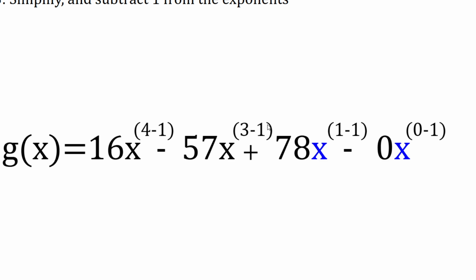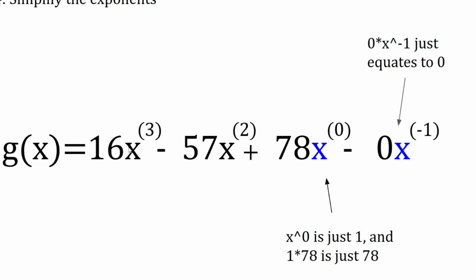So you would subtract from each of these exponents and you will get 16x to the power of 3 minus 57x to the power of 2 plus 78x to the power of 0 minus 0x to the power of negative 1. And these two can be simplified.